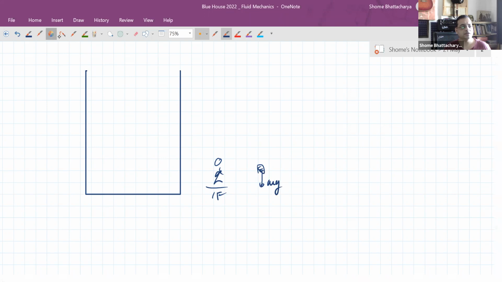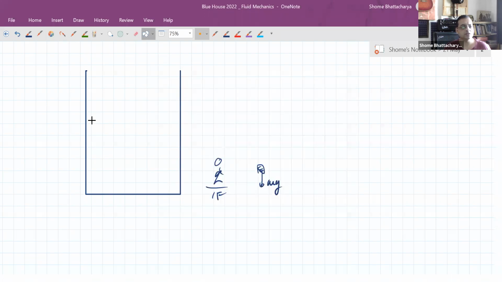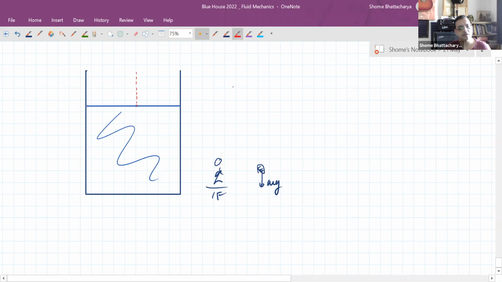So the surface of the liquid will be horizontal, because the surface is always perpendicular to the effective weight. This is the direction in which effective weight is acting, and that is why there is only a vertical pressure gradient and no horizontal pressure gradient.